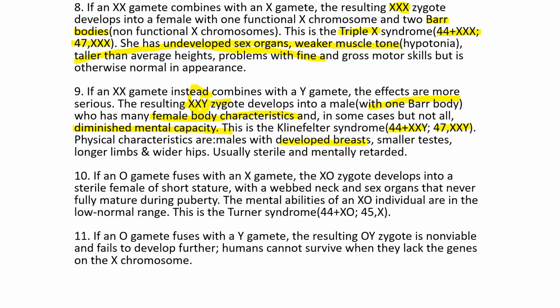Take note, the breast is not as big as the female's, but it is very noticeable. Smaller testes. Longer limbs means their legs and arms are longer. It's quite unusual, you can recognize them. When you see them, you know that they are Klinefelter because their limbs are quite long. And they have wider hips. Usually they are sterile and mentally retarded. Sterile means tidak subur.